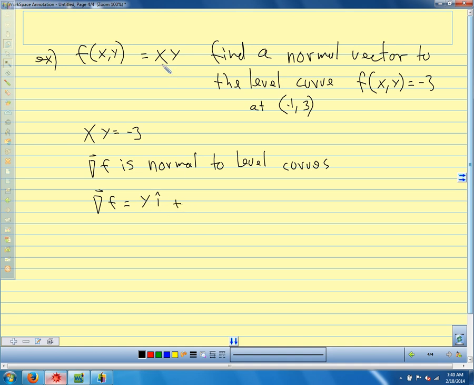Derivative with respect to y in the j hat direction. So we get xj. There's del f. And it says at -1, 3. Our gradient is 3i minus j. So that vector would be normal to the level curve f of x,y equals -3 at that particular point. Normal to level curve, code name gradient.